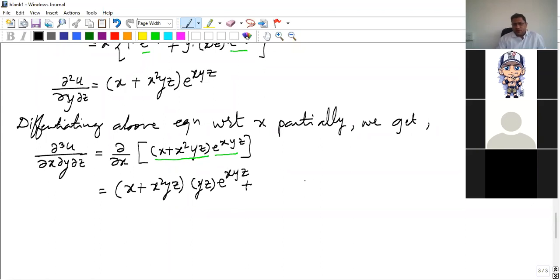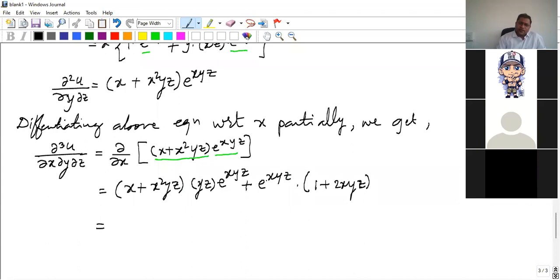Now plus, again, e^(xyz) is going to be constant, and the derivative of u: what is the derivative of x? 1. What is the derivative of x²yz with respect to x? 2xyz. Yes, it is going to be 2x, y, and z. So that's what we'll get.